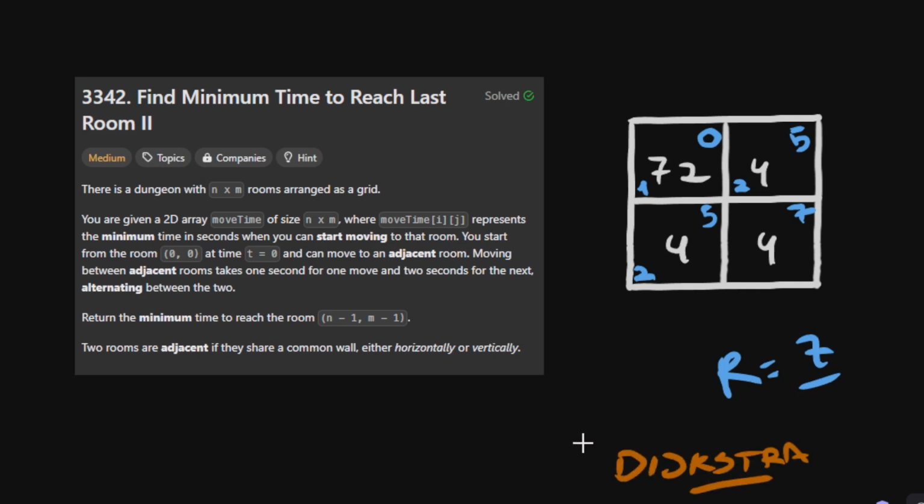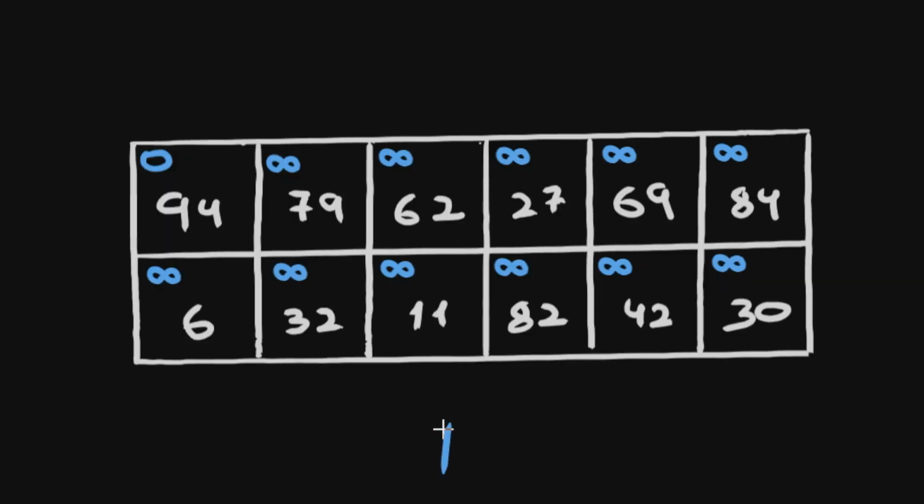Now we will go with another example and how to solve this. Let's say these are the rooms in our dungeon and we start here at the source with a time of 0, and initially we set every other time to infinity. Each time we try to move to adjacent rooms.